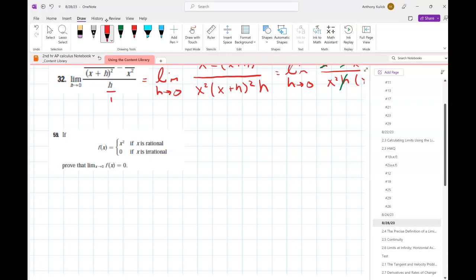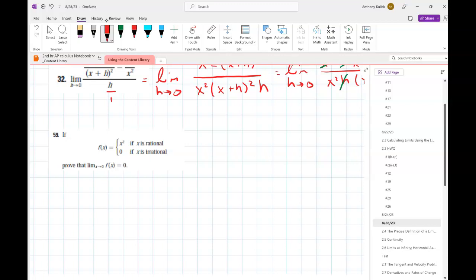We call them dense, like the irrationals are densely packed in there. Anyways, so we have something like this, and we want to look at the limit as x approaches 0. If you tried to do this by direct substitution, you can't, because it's a piecewise function that's not polynomial.